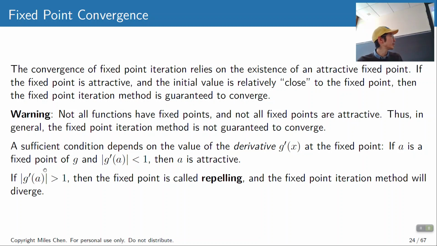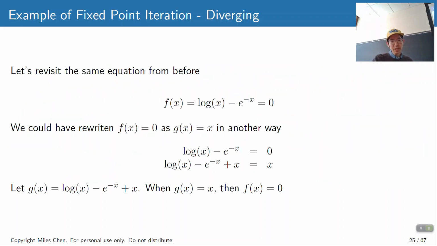And if the derivative of g at that fixed point is greater than 1, it's a repelling fixed point.